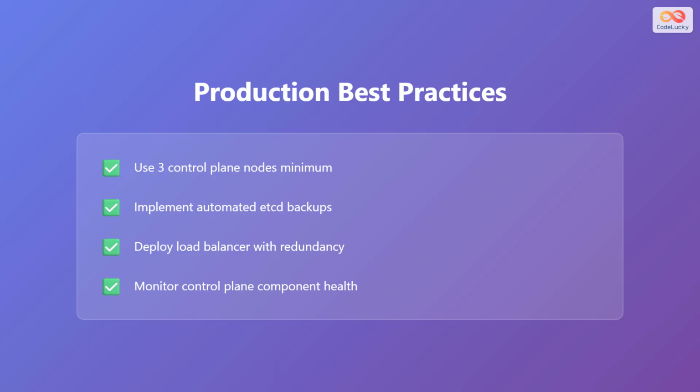Deploy your load balancer with redundancy to avoid creating a new single point of failure. Finally, continuously monitor control plane component health using metrics and alerting systems. This allows you to detect and respond to issues before they impact cluster availability. Following these practices ensures your Kubernetes cluster remains reliable and production-ready.